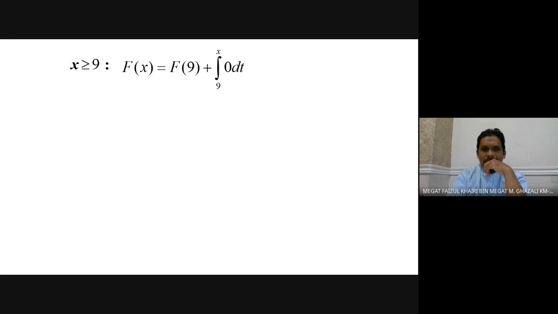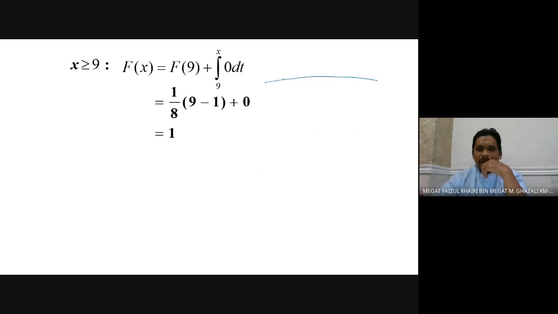So the last one here, F(x) equal to the integral from 0 until 9 of f(t) dt. We have the domain from 0 until 2, 2 until 9.